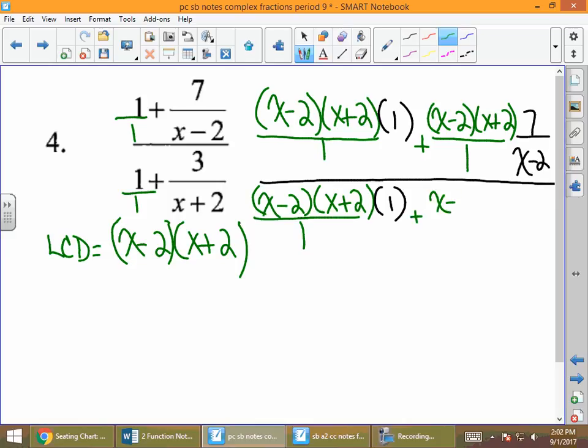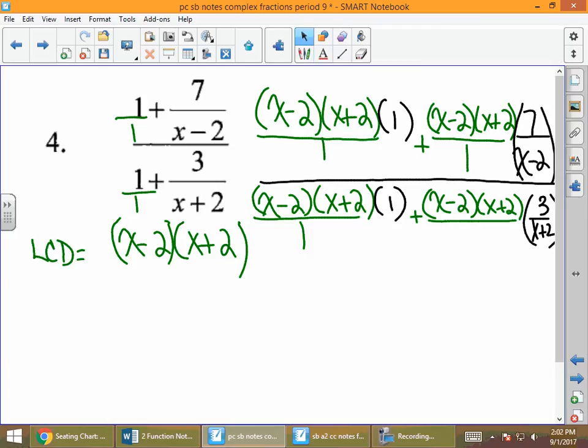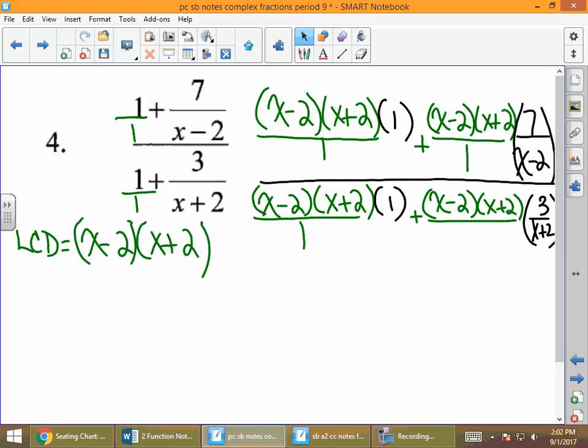And then we have x minus 2 times x plus 2 times 3 over x plus 2. We multiply every individual fraction by the least common denominator of all of them together.